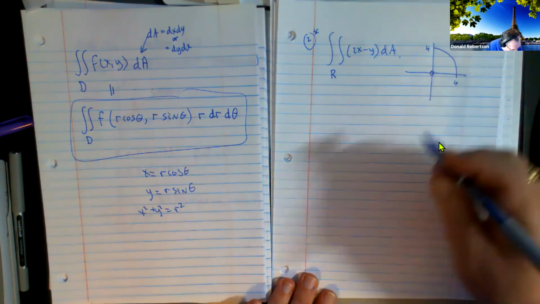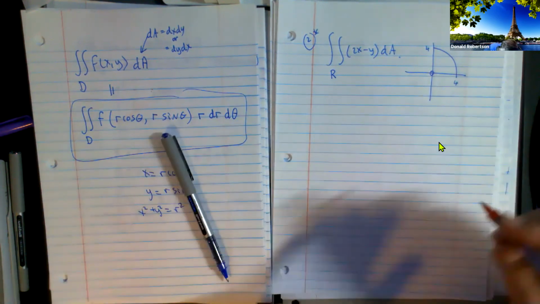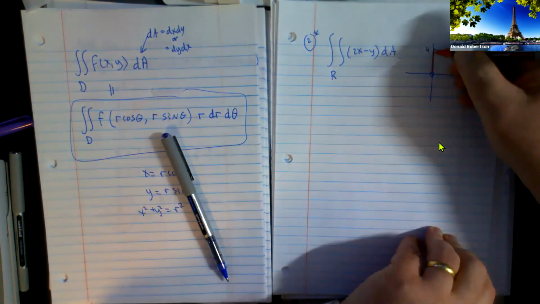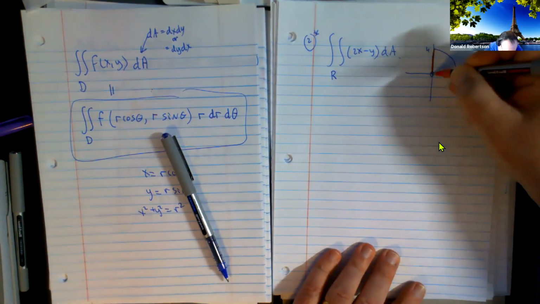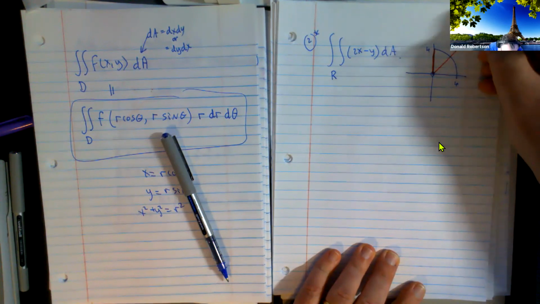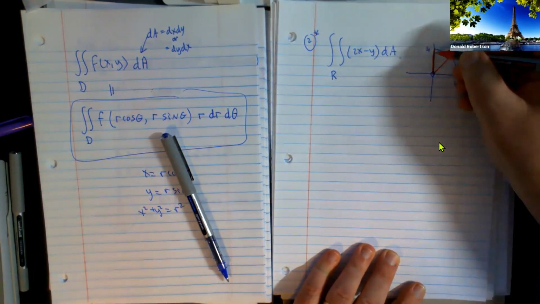And it's x equals 0, which is this line, which isn't a big deal. And then it's got a line called y equals x, and that is a big deal.